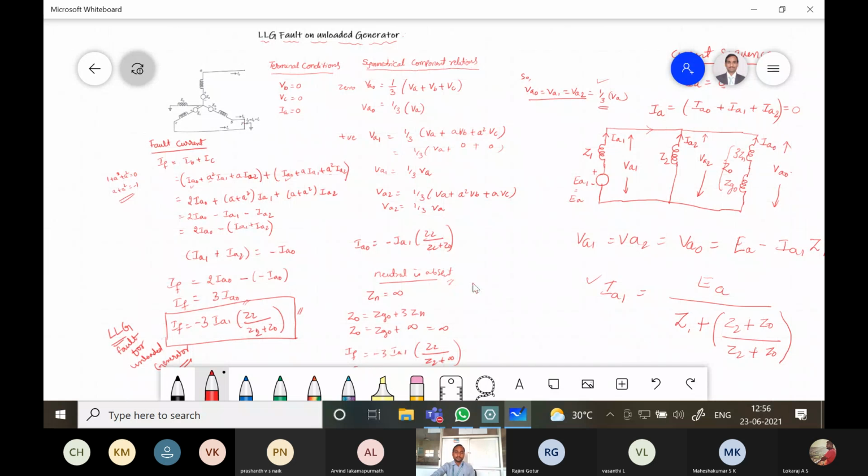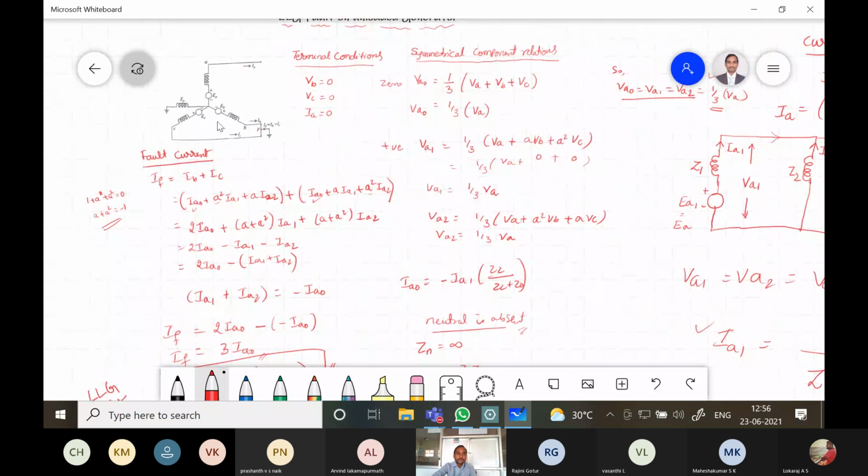Before doing the derivation, we need to write the circuit diagram, that is the figure. Next we need to define the terminal conditions. Then we need to calculate the symmetrical component relations VA0, VA1 and VA2, IA0, IA1 and IA2.